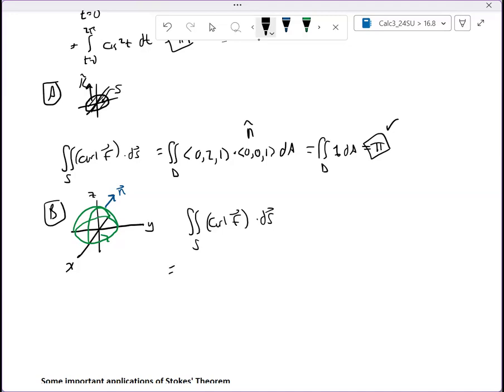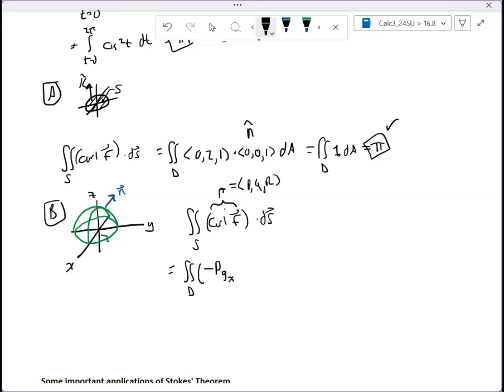Okay, well, we have a formula for this. This is the double integral over domain D of, and let's say that curl F equals P comma Q comma R. So these are the components of the curl of F, not of F itself.